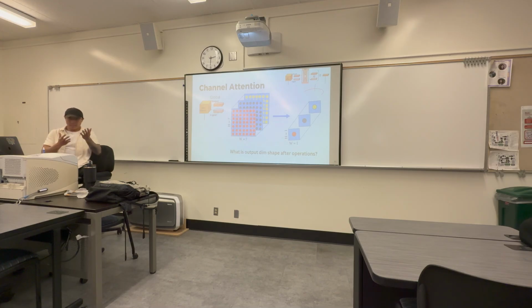So now we get this idea of a vector. How we turn this C by H by W into a vector, which is what we want at the end of the day, we do that by doing 2 types of ways: a max pool, which naturally includes outliers, and then an average pool that smooths out outliers to a certain degree.